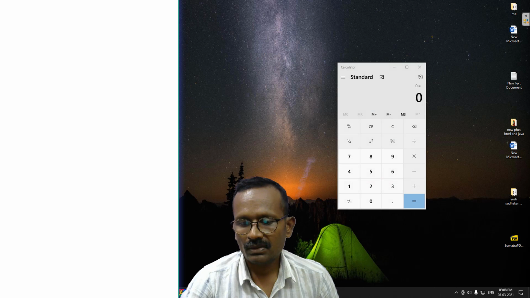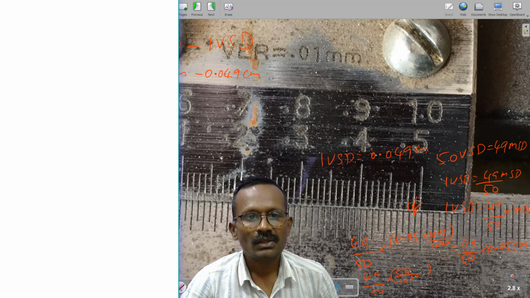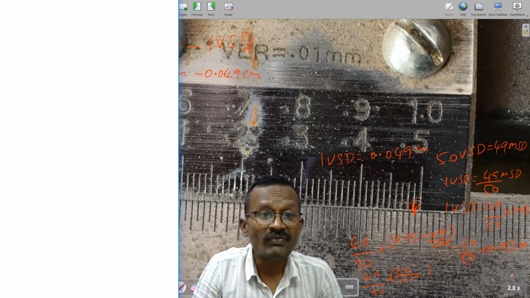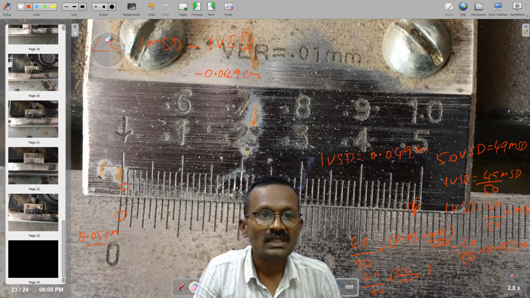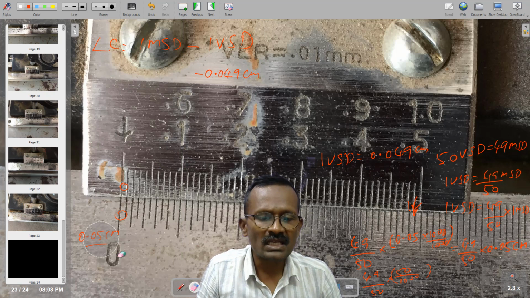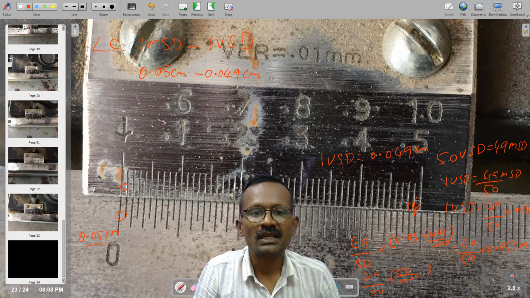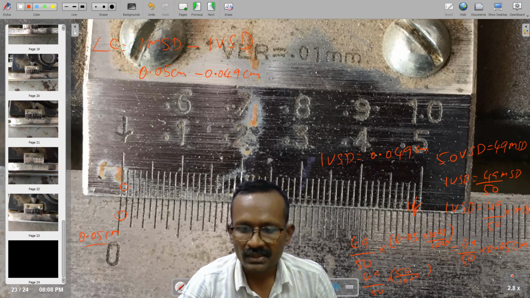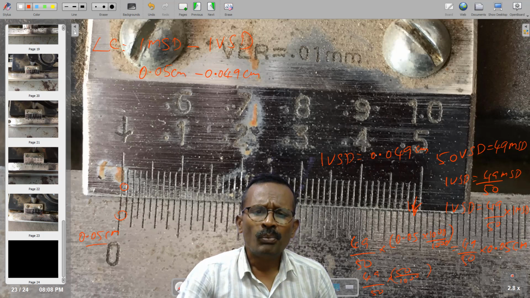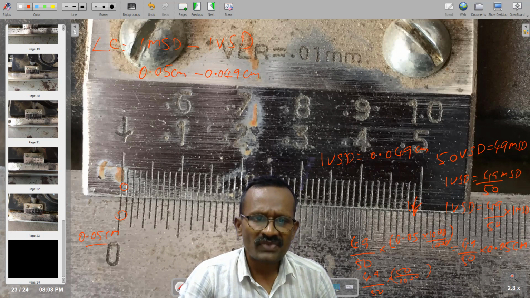Not now, it's wrong. This is not 4.5, it's 0.5. Sorry. One main scale division is equal to 0.05 centimeter. You subtract 0.049 from this one.